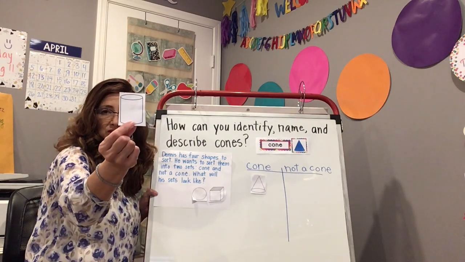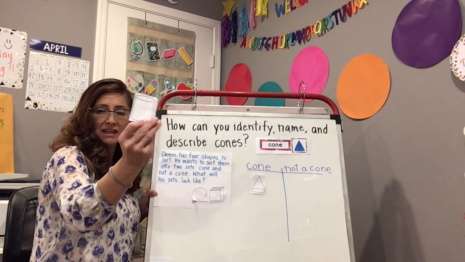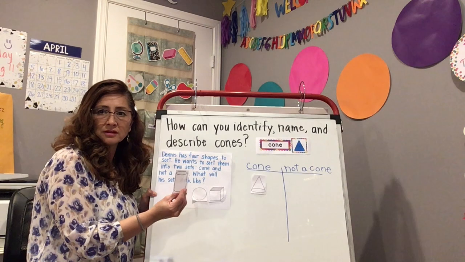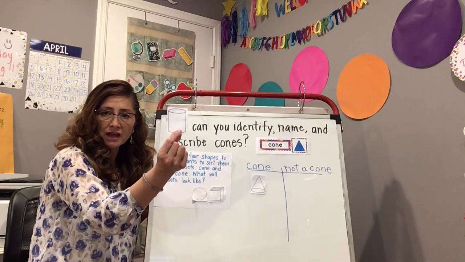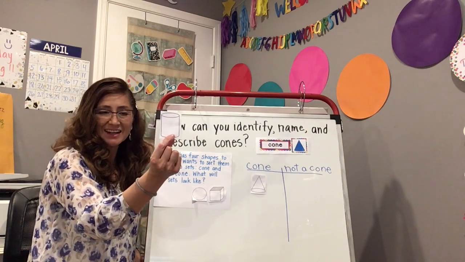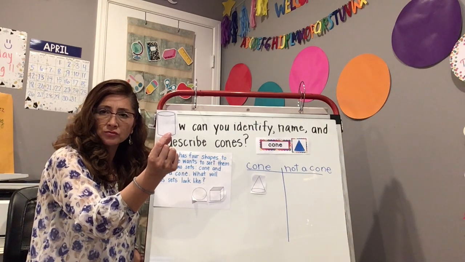Do you remember that shape? That's right, a cylinder. Now, is this cylinder a cone or not a cone? You're right, not a cone. How do you know this is not a cone? That's right, you know it's a cylinder and you know its name. But why else do you know this isn't a cone?